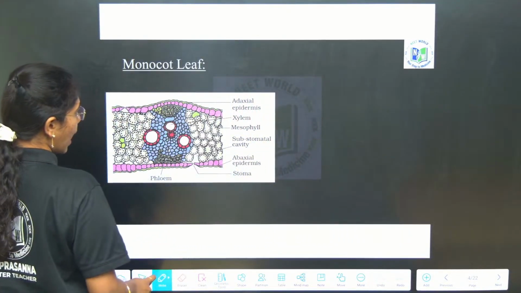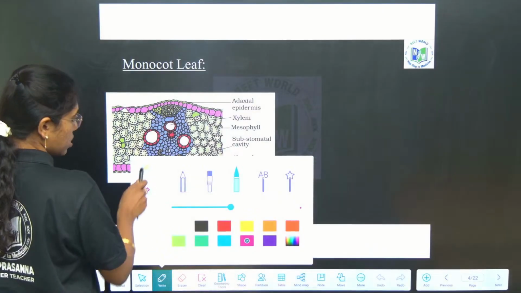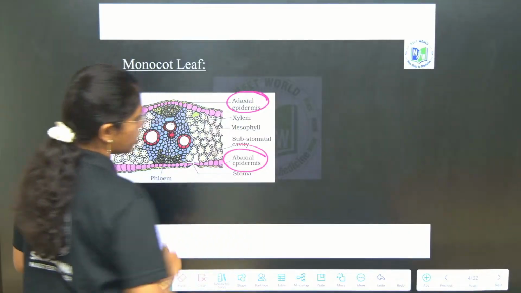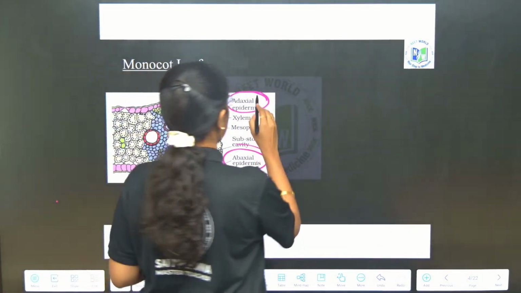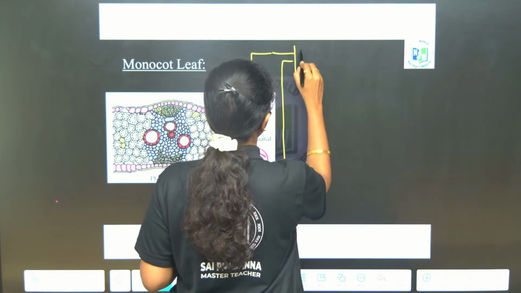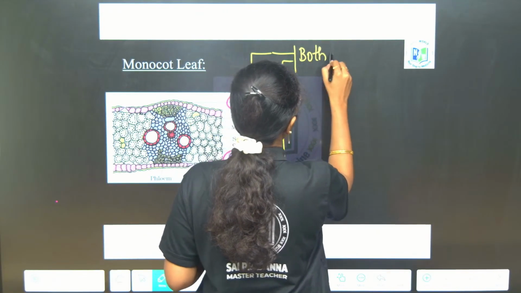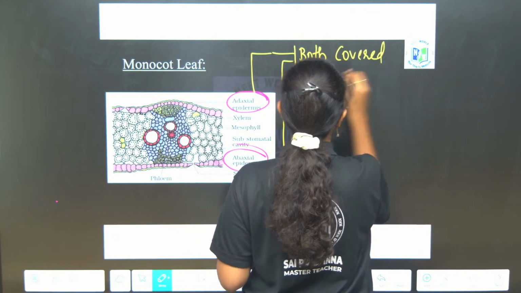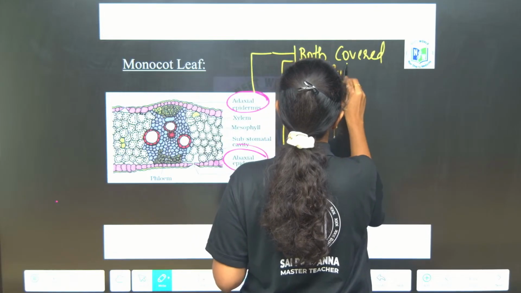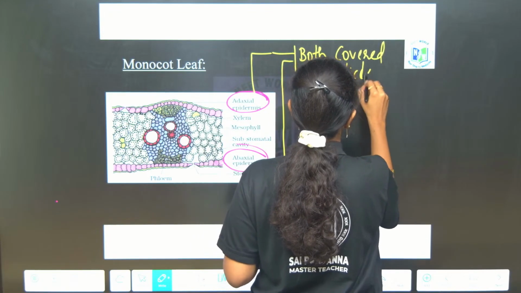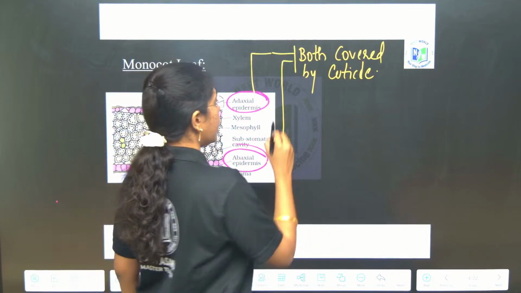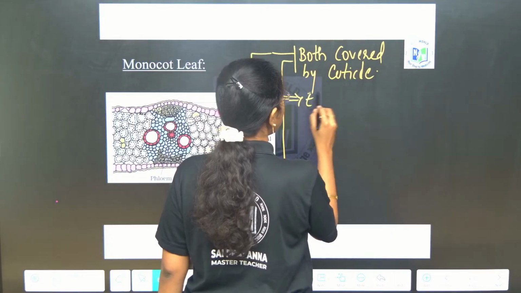Monocot leaf also has adaxial and abaxial epidermis. Adaxial epidermis is present. Abaxial epidermis is present. Both of them are cuticularized, covered by cuticle, and there is equal distribution of stomata.